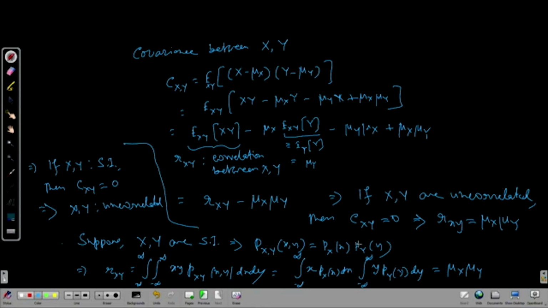This is always true: if statistically independent, they are uncorrelated. But if they are uncorrelated, it is not guaranteed that they will be statistically independent, that is, that the joint density can be written as a product of marginal densities. Okay, that depends on the particular density, and there is a particular probability density form called Gaussian. So, joint Gaussian for two random variables, that we will see later.